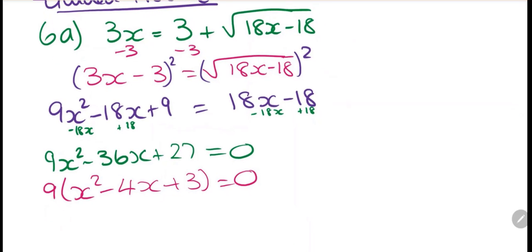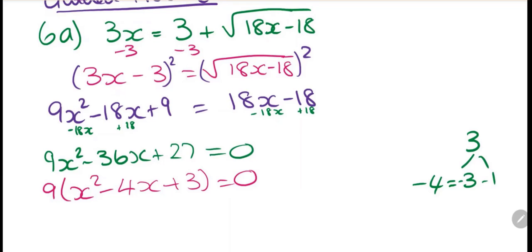And if I was to factor these terms, so 1 times 3 is 3, so I'm looking for factors of 3 that will add to minus 4. So this is going to be a 3 and a 1. It's going to be positive, so it needs to be minus 3 and minus 1.